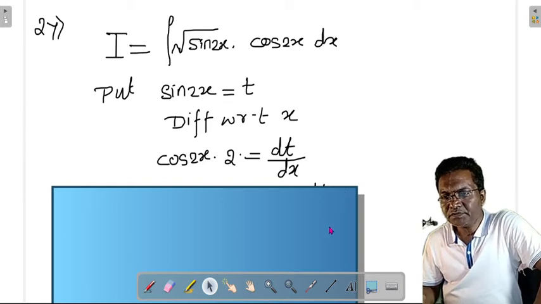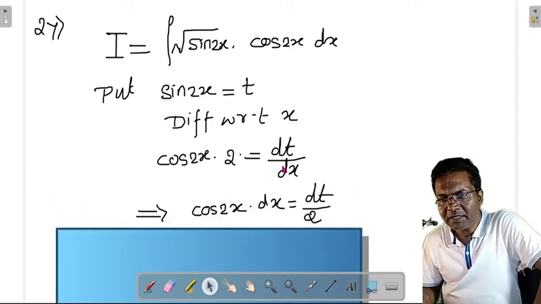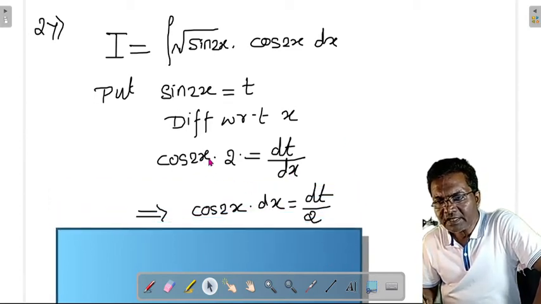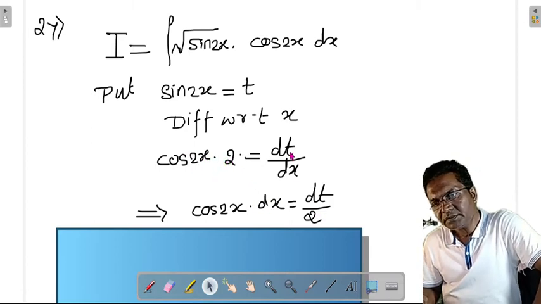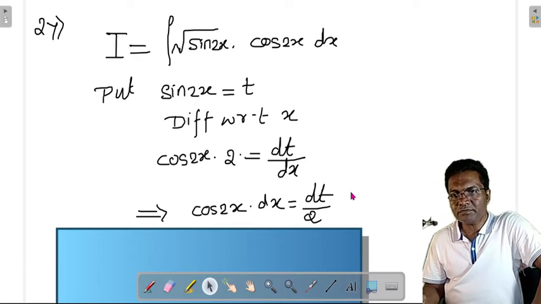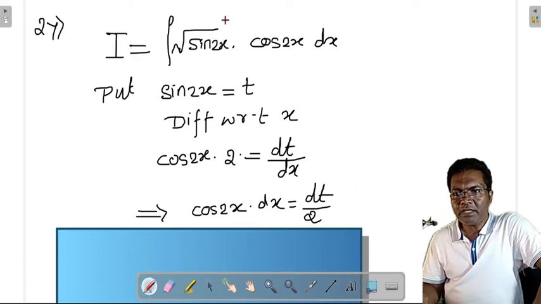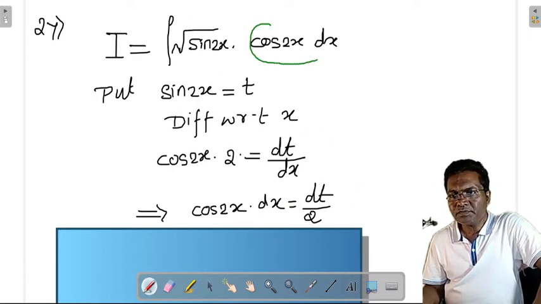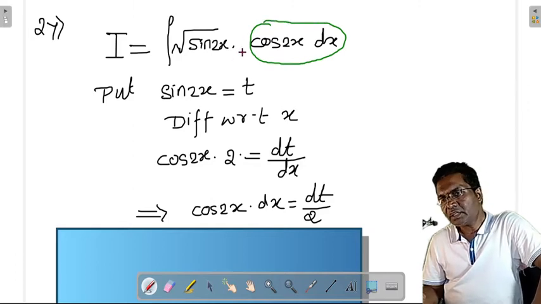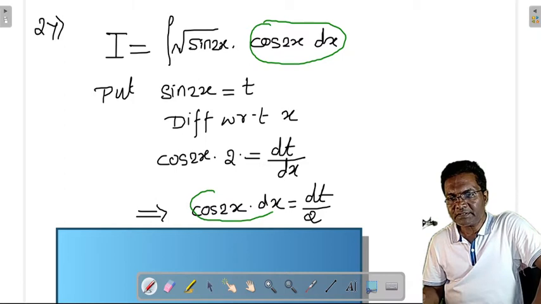So cross multiply: cos 2x dx on this side, bring this 2 down, that is dt by 2. Because look here, we have the term cos 2x dx, which you have to replace by dt by 2.